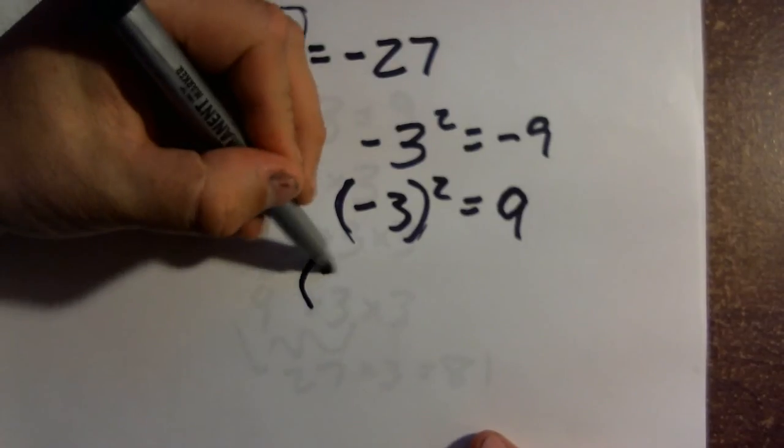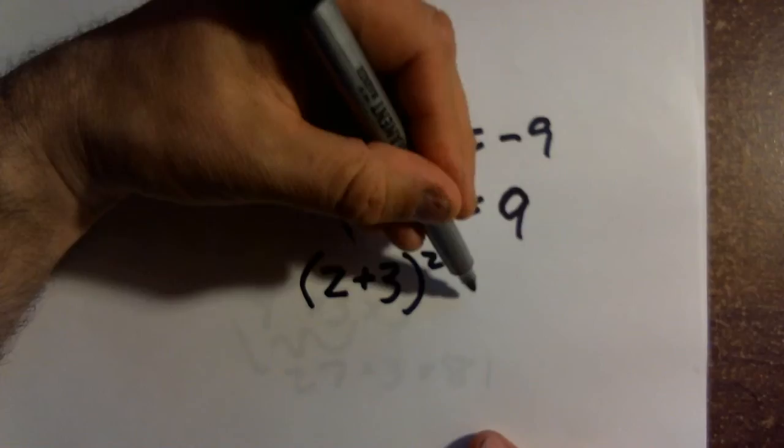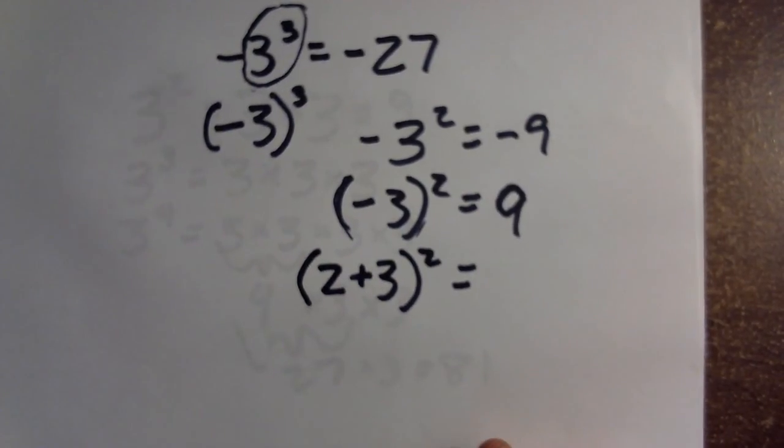So we could also see something like this, 2 plus 3 squared. Well, if we remember PEMDAS, our order of operations, you can click here. We'll link that right there if you forget the order of operations. So we do parentheses, then exponents.